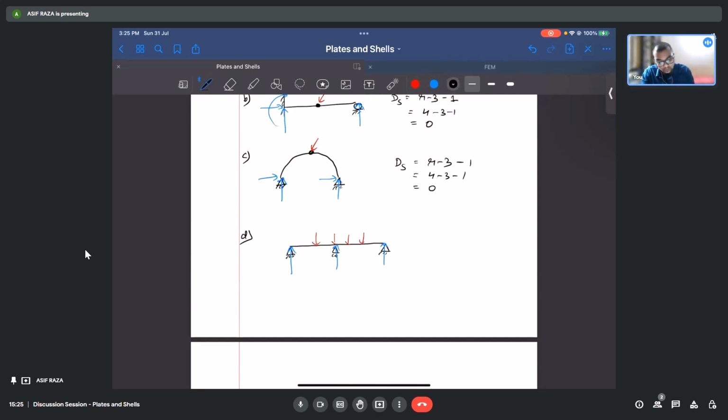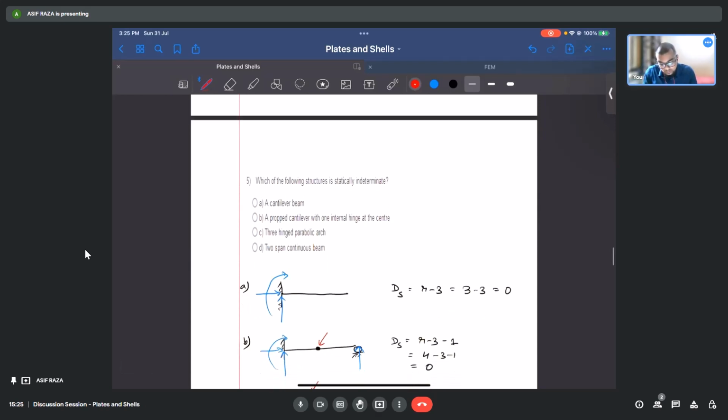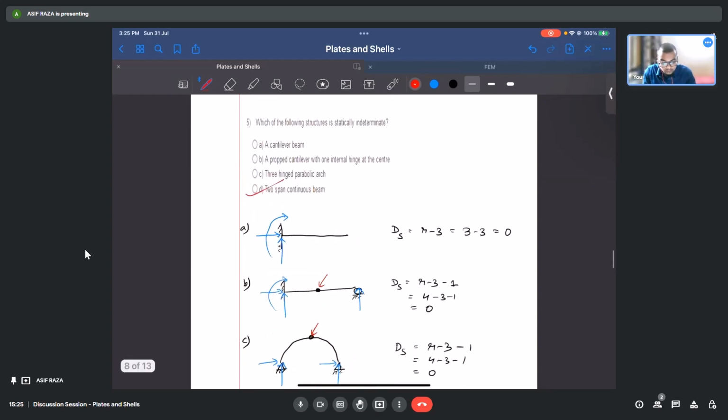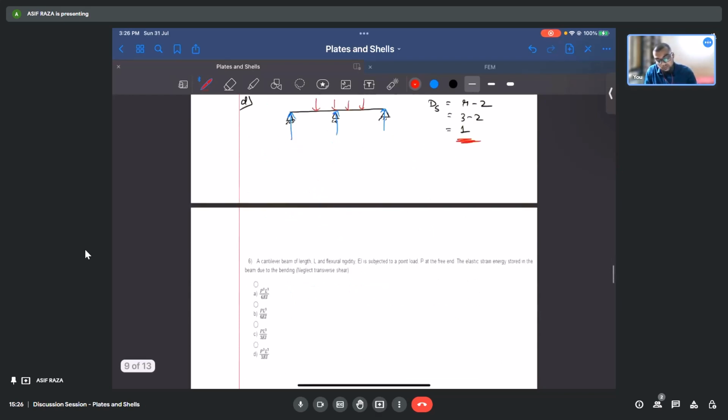The degree of indeterminacy in this case will be r minus 2, that will give me 3 minus 2 is equal to 1. So among these options, the correct option would be option D, which has a static indeterminacy of 1.